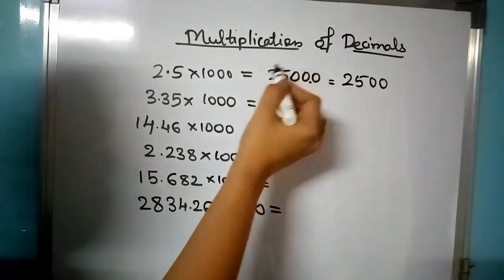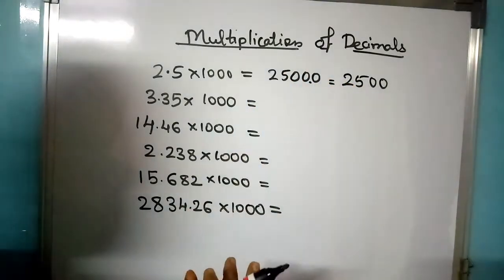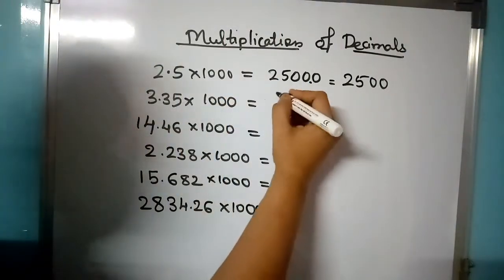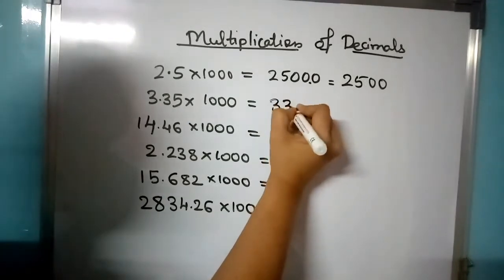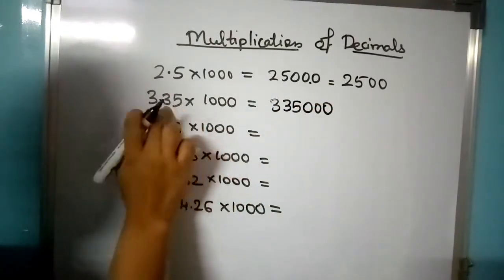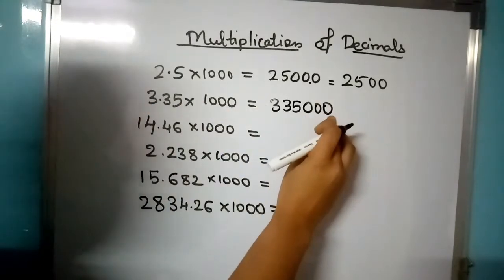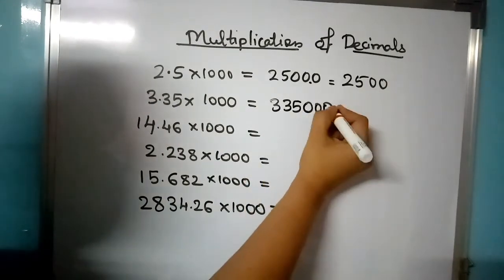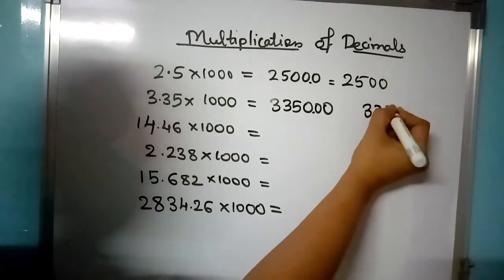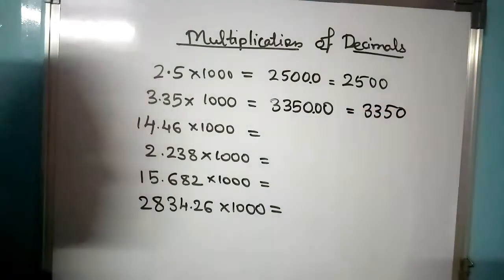Okay, so now doing this in mind, you can write the answer directly. Let's do this one. Here 3.35 into 1000, so I'll just write 335 and 3 zeros, but after decimal there are two places. So from right to left we will leave two places and give the decimal. So the answer is 3350. In that way you can write the answer.